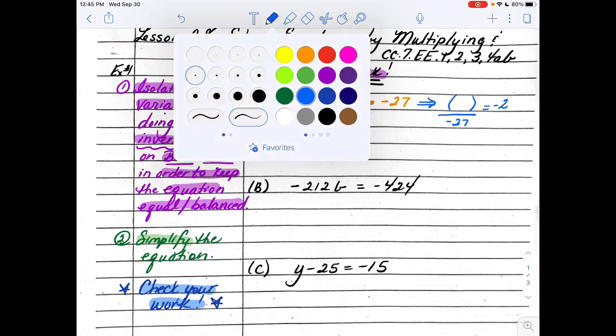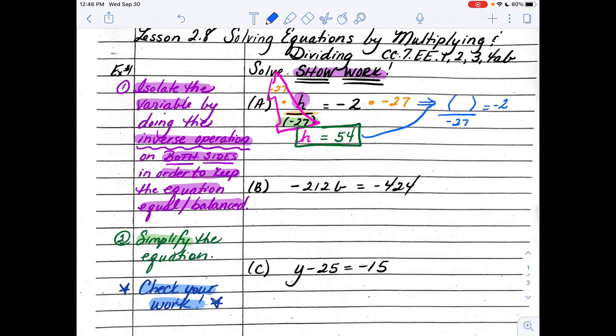Now we're going to take our solution, that 54, and put it on the inside. What is positive divided by a negative? That's a negative. 54 divided by 27 is 2. Does negative 2 actually equal negative 2? Yes, that is a true statement, so I know my 54 is a correct answer.